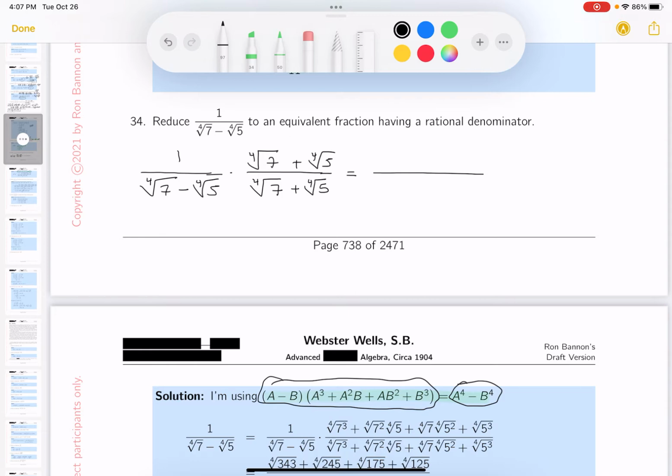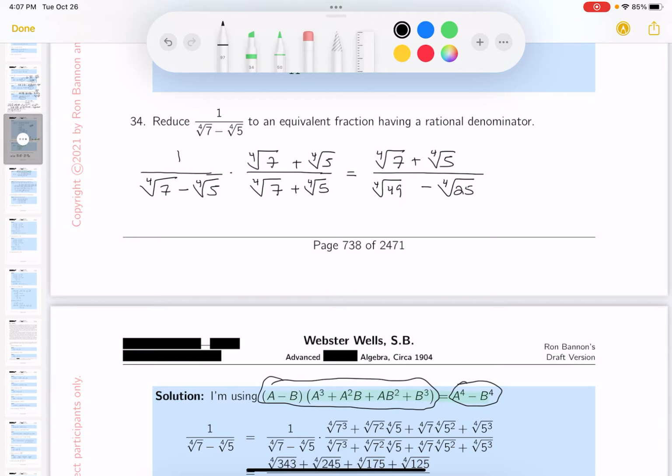On the top, it's pretty simple, right? You get the 4th root of 7 plus the 4th root of 5. And on the bottom, you would get the 4th root of, well, 7 times 7 is 49, right? And then those two middle terms would disappear, and you would get minus the 4th root of, well, 5 times 5 is 25.